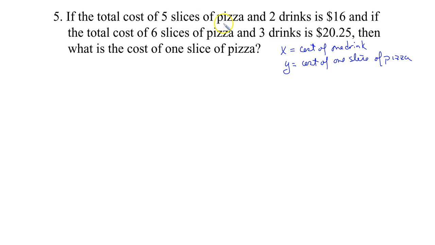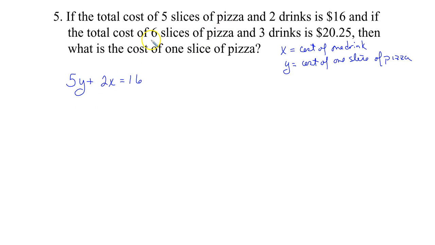So 5 slices of pizza and 2 drinks is $16. That first statement becomes 5y plus 2x equals 16. Notice that I called y my slices of pizza, so I have to put y with the 5. That's okay. You can call them x as long as you label them. We're good. It's going to be fine, I promise.